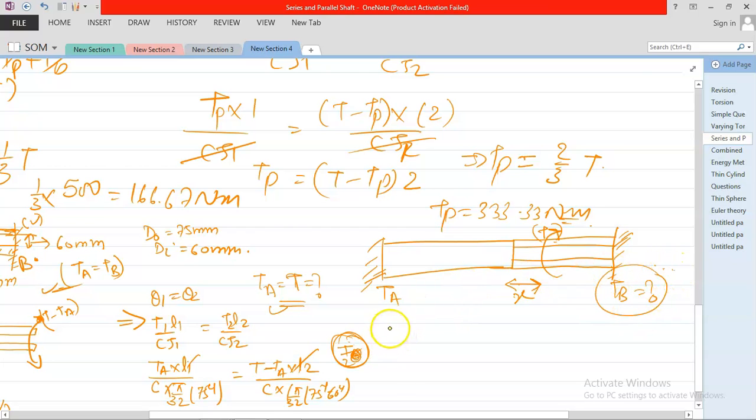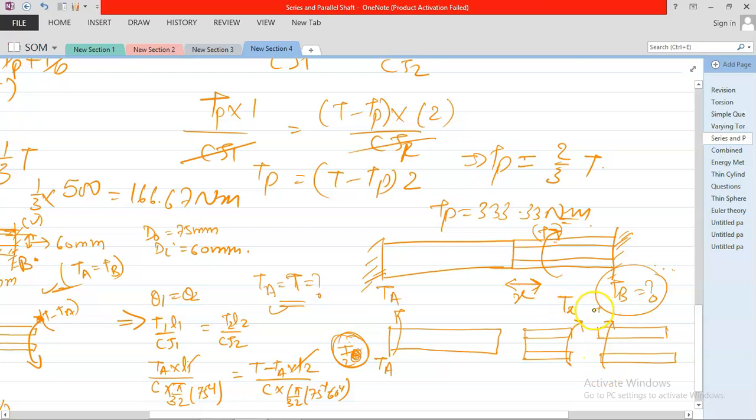For that we will divide this problem into three pieces. Suppose this is one piece, this is second piece, and this is third piece. I hope everyone is getting that. So if I am applying torque here, suppose this is Ta, I am applying Ta torque here in this direction.